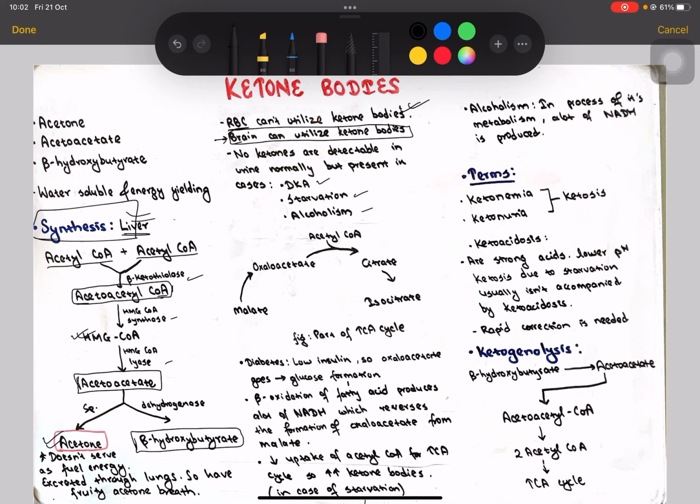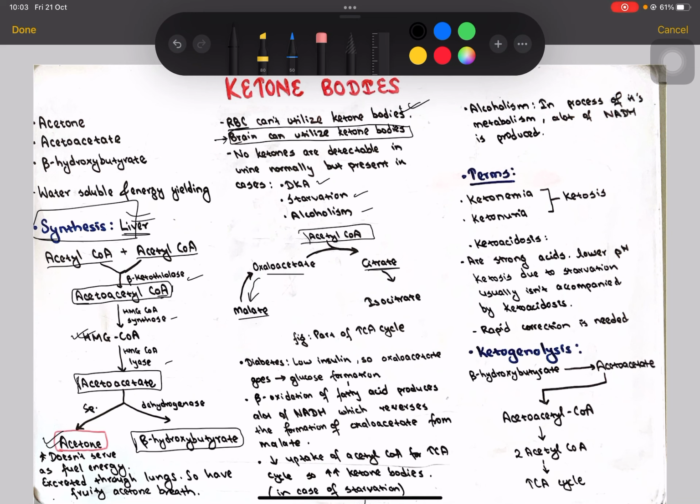So this is a small part of the TCA cycle. Malate is converted into oxaloacetate, and oxaloacetate combining with acetyl-CoA will make citrate, and this citrate will make isocitrate. Now a very important thing is that the malate to oxaloacetate step is reversible.